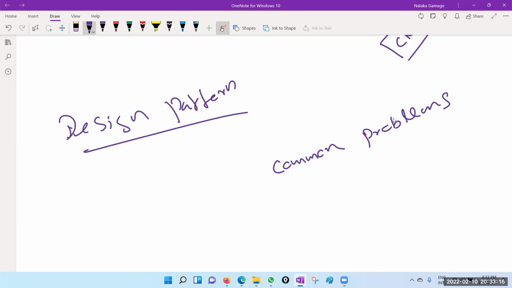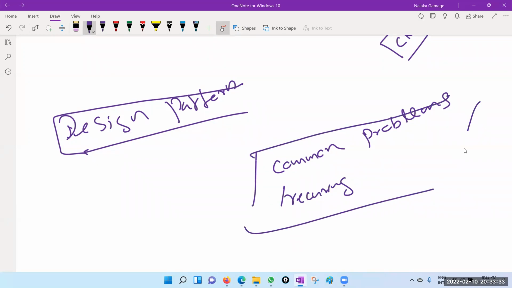Okay, so what software developers have done is, because these are very common or recurring problems, they have given those problems names, right? So they have named them so that we can identify them.